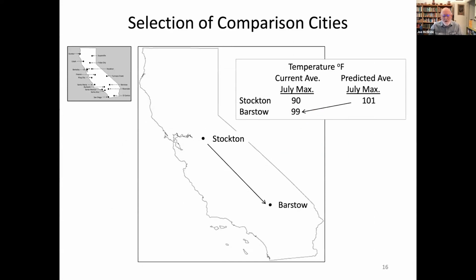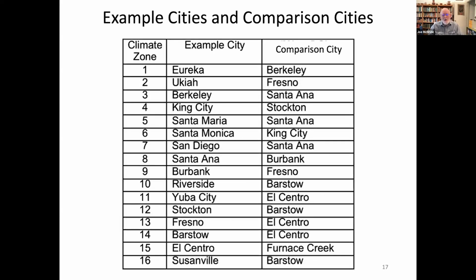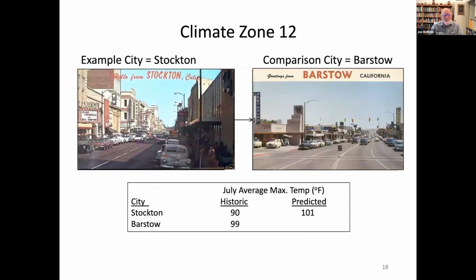Here's another example. Stockton's summer maximum temperature will become close to that of the town of Barstow in California. And so these are the comparison cities that we identified in this process. And Stockton, for example, historically had a summer average maximum of 90. It is predicted to be 101.